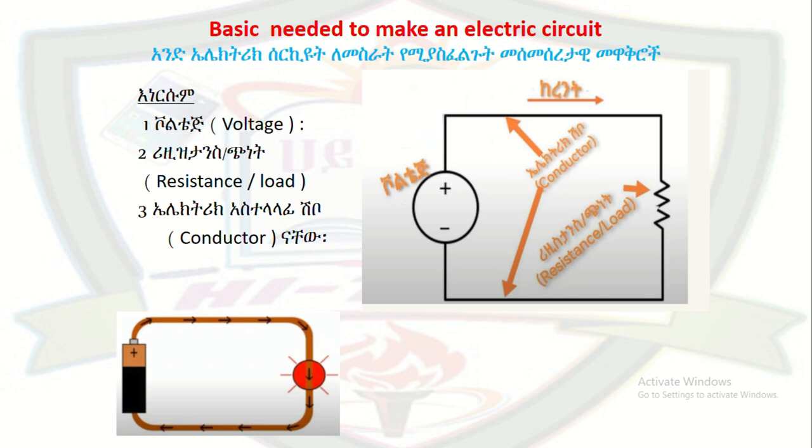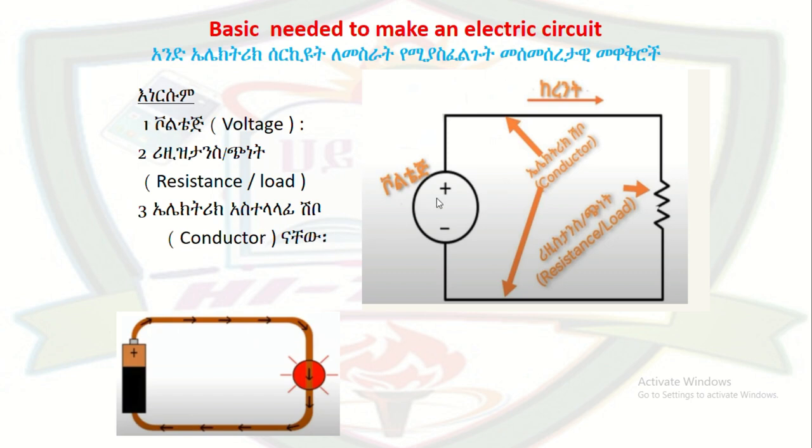The basic needs to make an electric circuit: the first one is voltage. The second one is resistance or load, and the third one is conductor.